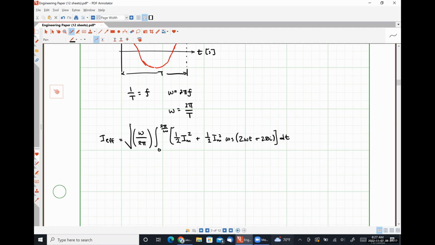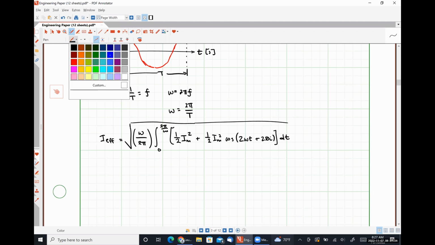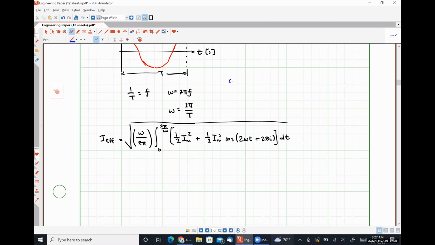I'm using that exact same trig identity that I used on Friday. It allows me to multiply two cosine functions together. So let me just write down the trig identity. I'm going to screw it up if I'm trying to explain it like that. So cosine angle 1 times cosine angle 2 is equal to 1/2 cosine angle 1 minus angle 2 plus 1/2 cosine angle 1 plus angle 2.